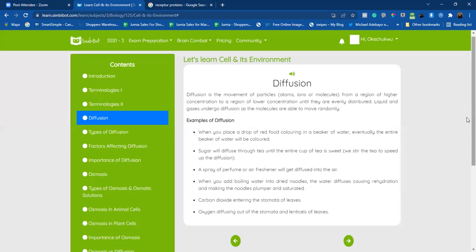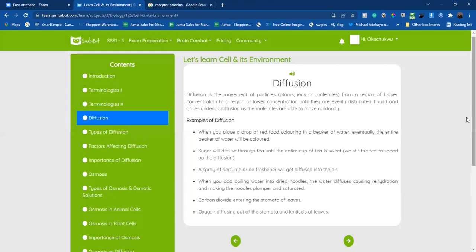Right? That's a typical example of diffusion. Are you with me? That's typically what happens in diffusion.